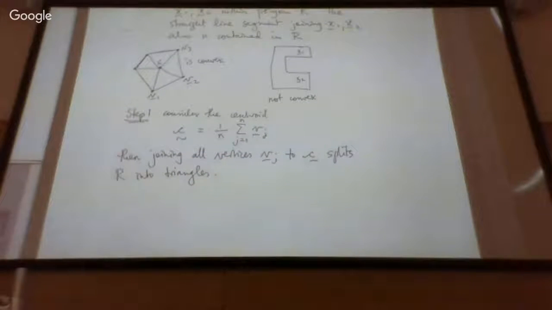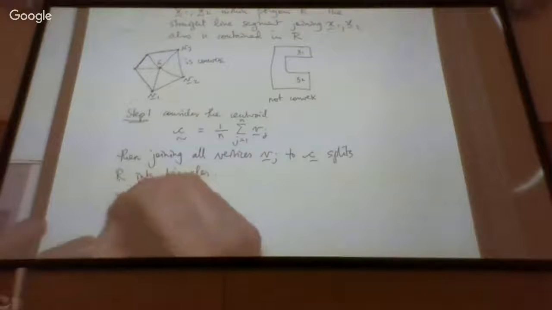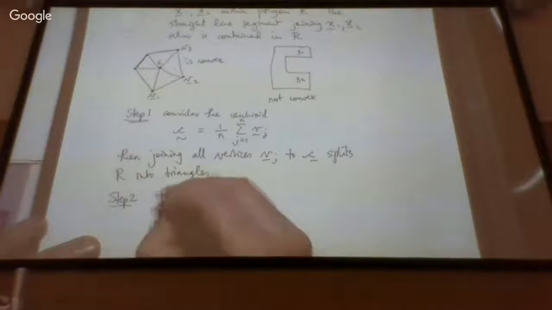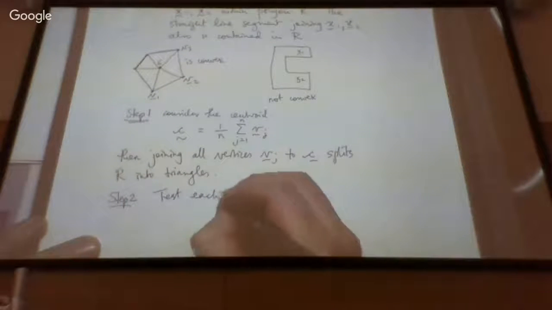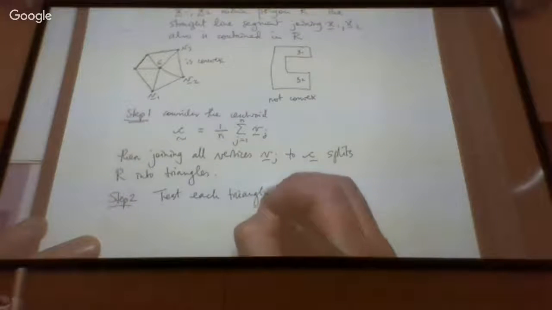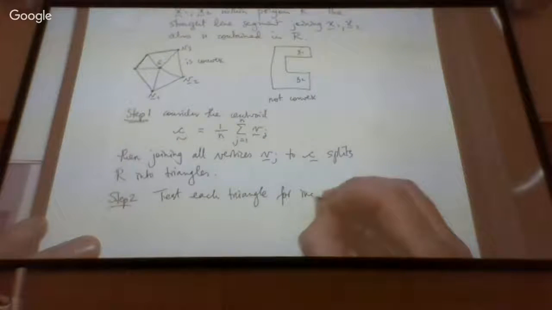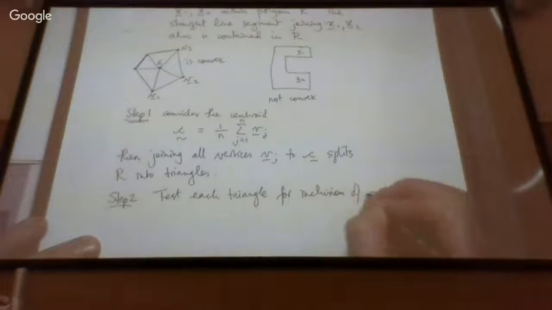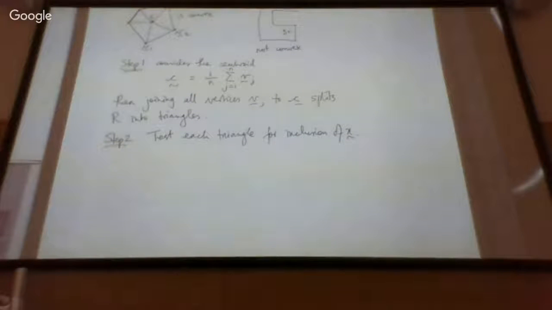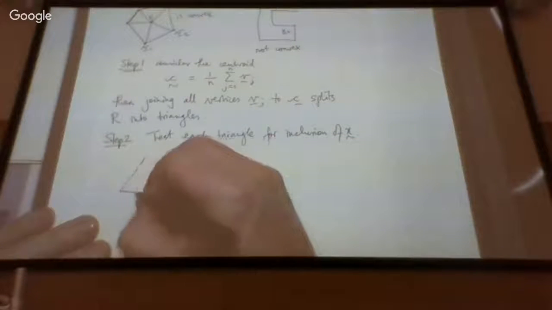So now we can ask ourselves a simpler problem. Now we can solve the general problem of is X inside this convex polygon by just testing each of the triangles and finding out is X inside any of those triangles. Test each triangle for inclusion of X. So how do we solve this simpler problem? Here's a triangle.